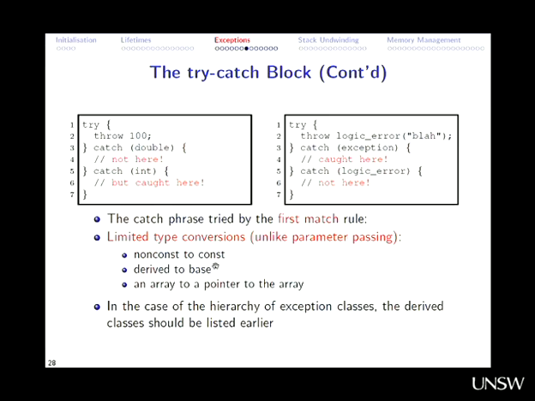So it's limited type conversions. In the case of these sort of primitives, it doesn't get automatically promoted in the same way. Then the second example for base class is where it gets caught. So in a hierarchy of exception classes, the derived classes should be listed earlier.